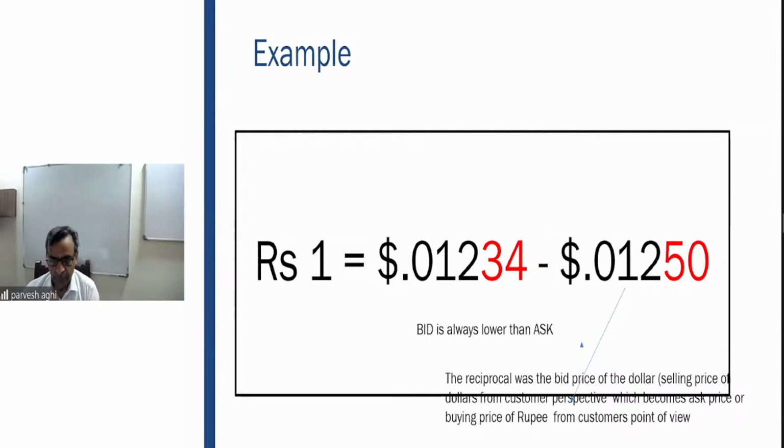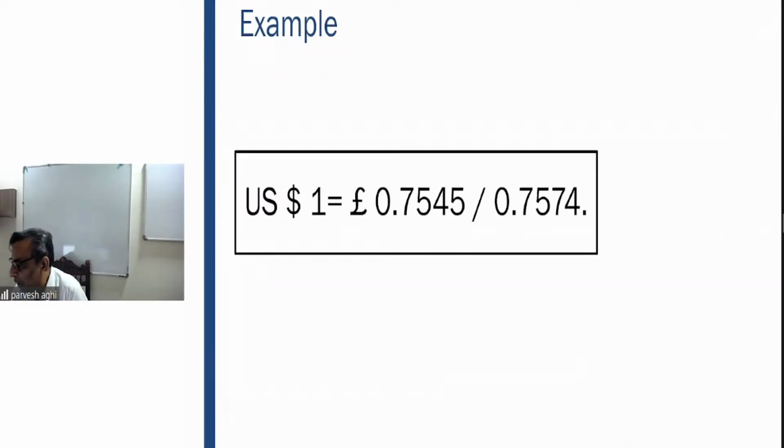Okay. Fine. So now a question for you. $1 is equal to so many pounds. So it is the bid and ask rate. Now, which quote is this? This is a direct quote in England for buying $1. Or alternatively, it will be an indirect quote in America.